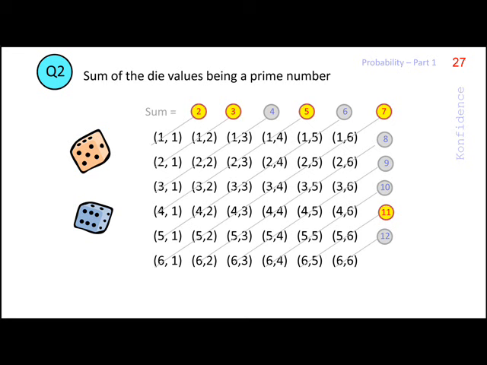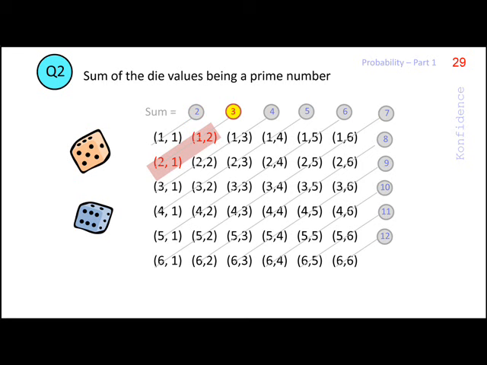All these are favorable for our event of sum being a prime number. The sum of die values will be 2 when the outcome on the dice is 1 and 1. That is, there is only one possible outcome which will give the sum as 2. The sum of die values can be 3 in two different ways.